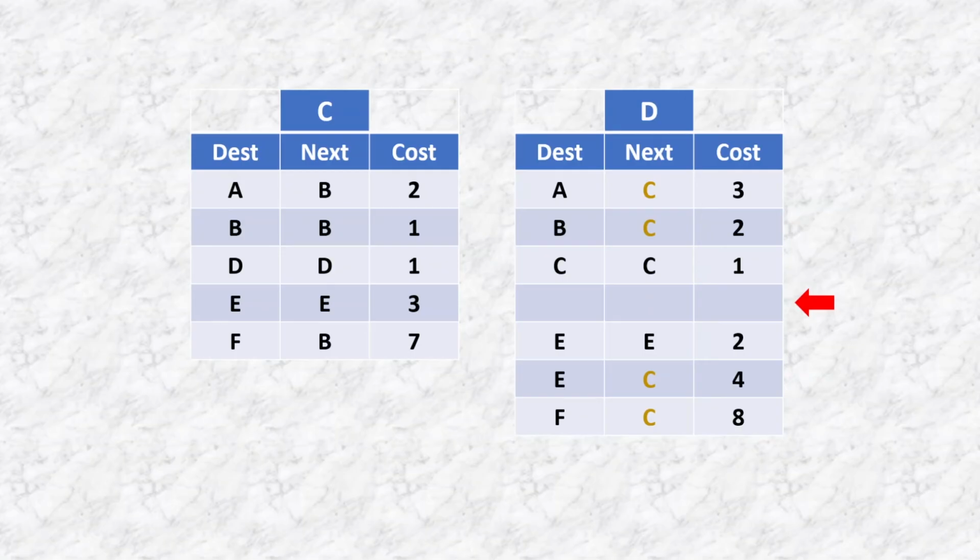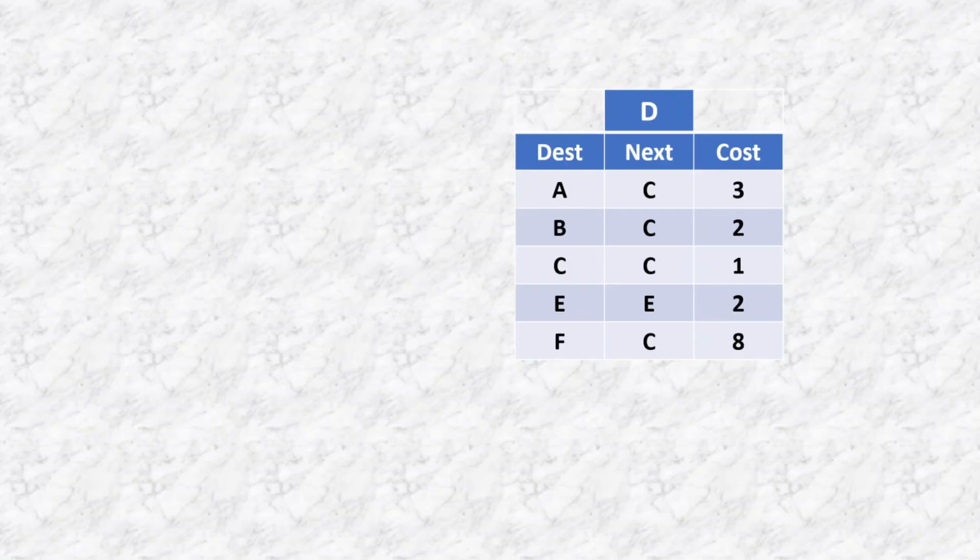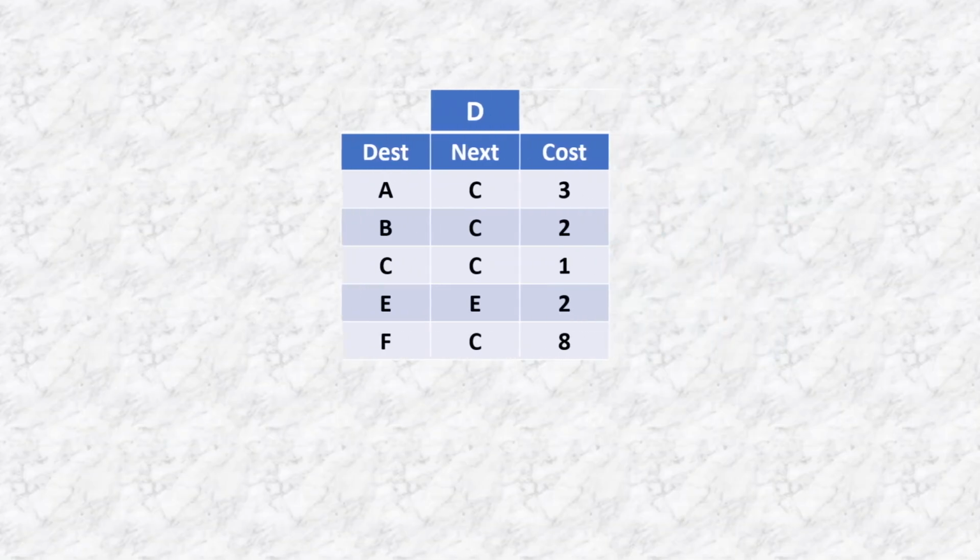That is, however, not the only problem. Here we have 2 possible ways of getting to E. And the one will cost us 2 units and the other one will cost us 4 units. So we need to get rid of the 4 cost because 2 is much cheaper than 4. And that is gone. And we can now collapse our table and we have our nice new routing table at node D.